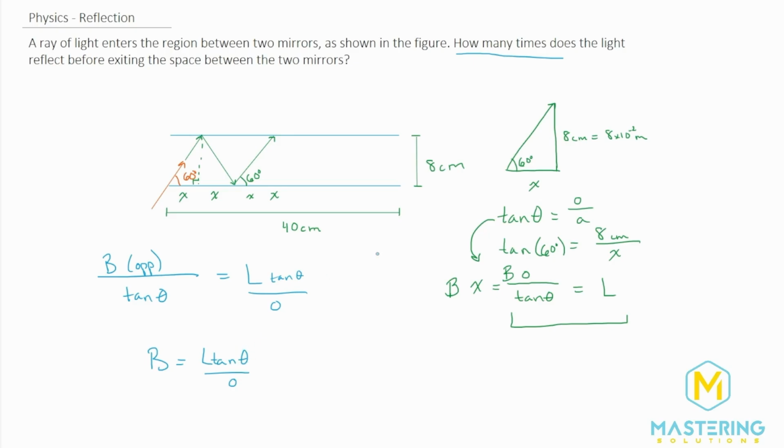Now we can start plugging in values here. We know this angle is 60 degrees, and we know the opposite is 8 times 10 to the negative 2 meters, or 8 centimeters.